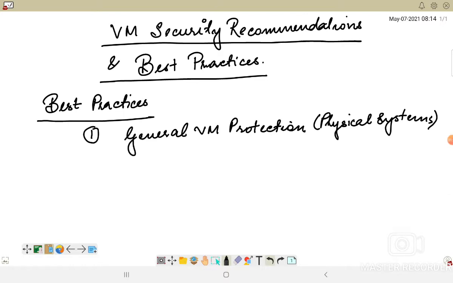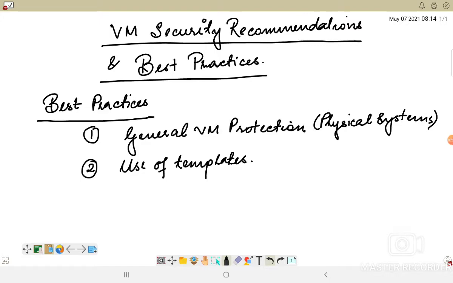The second important point that we need to remember is to make use of templates to deploy virtual machines. Templates, we already know, are the predefined frameworks which have already been implemented for successful execution of a particular task or assignment.